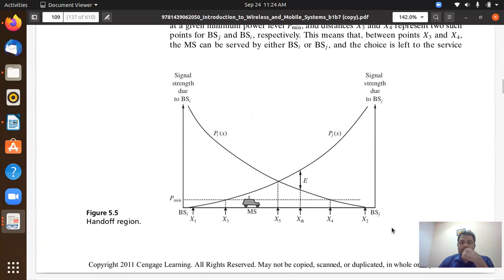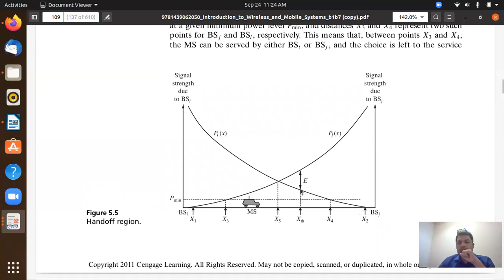So base station I and base station J: at x1 distance, the signal strength received due to base station J is almost nil, and likewise at x2 the signal received due to base station I would be almost nil.